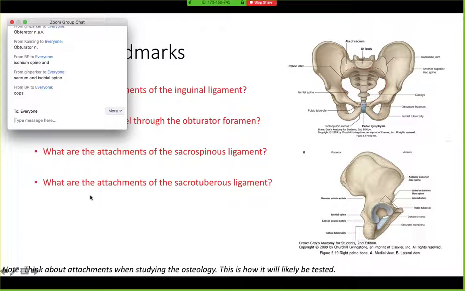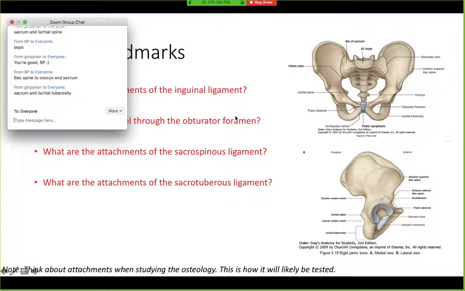And then what are the attachments of the sacrotuberous ligament? Yeah, the sacrum and the ischial tuberosity. So ischial tuberosity right here to the sacrum.